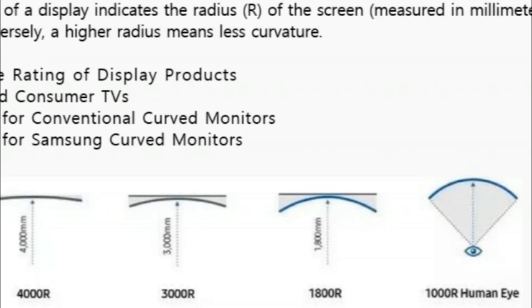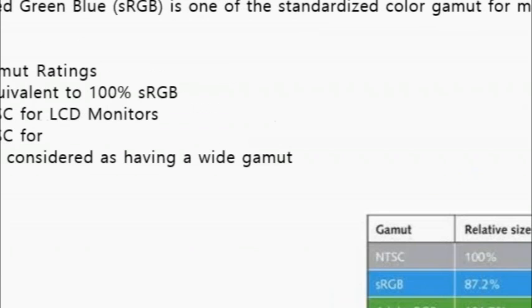And for the conventional curved monitors, we have 3,000R up to 1,900R. And for Samsung curved monitors, we have 1,800R to 1,500R. So si Samsung monitor po is mas lower po yung curve niya. So much better po siya for viewing angle left to right. Mas clearer po natin nakikita.